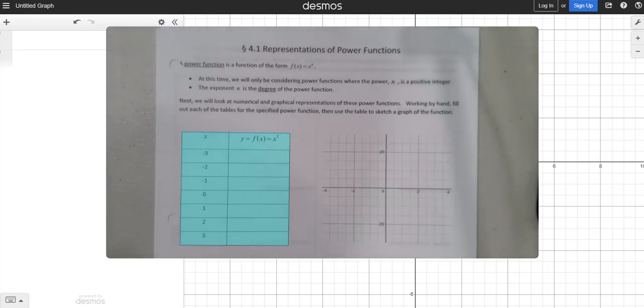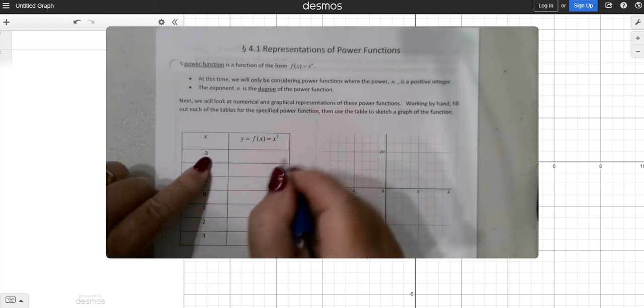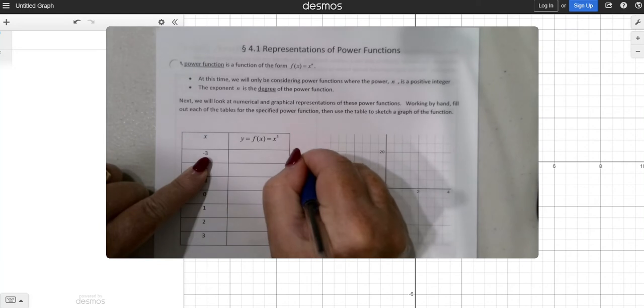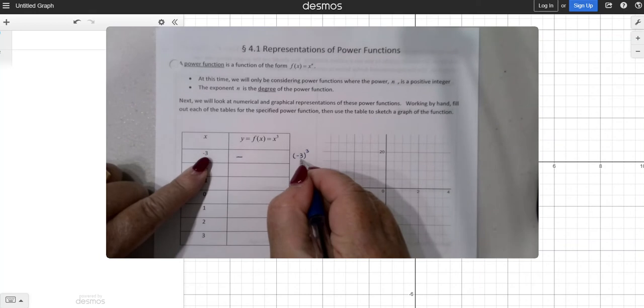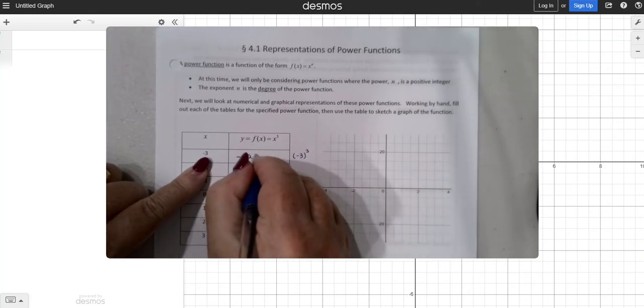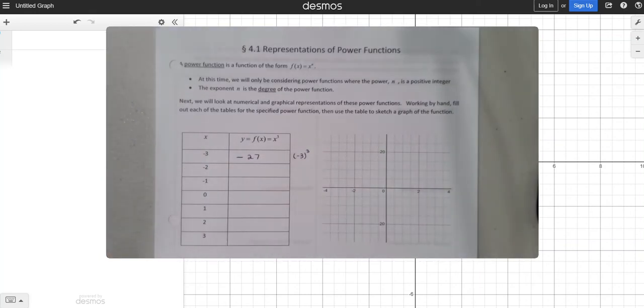So here we are with our y equals x cubed. If I plug negative 3 into that function, negative 3 cubed, negative times negative times negative, still negative. 3 times 3 times 3 is 27. So I get negative 27.